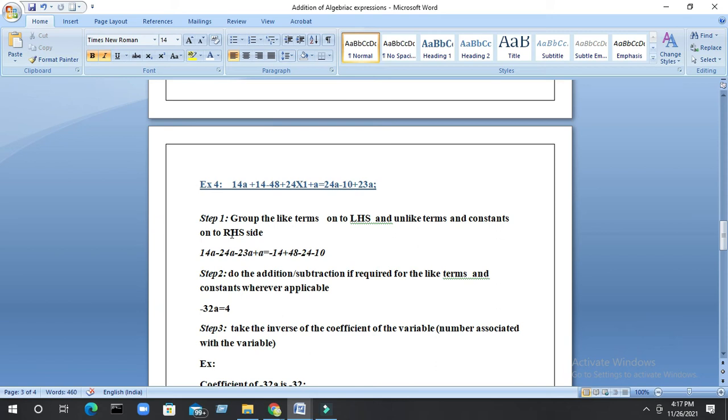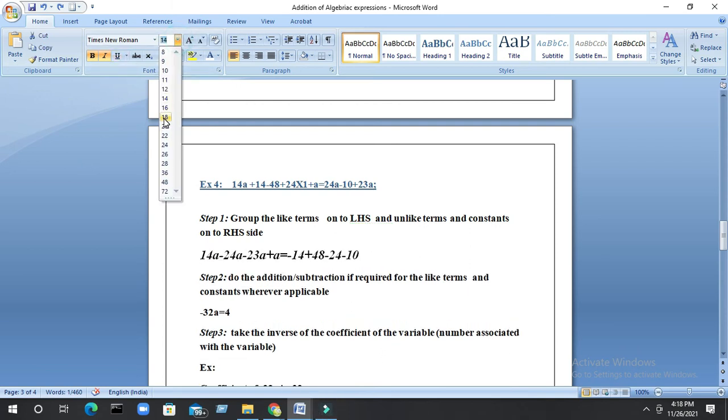So when you are moving across the bridge, when I said it is across the bridge, what is that? It is nothing but your equal sign. So when you are moving that, here you need to observe the change of the signs, which is the most important one. So observe here, the 14a is as it is because it is on the LHS again.